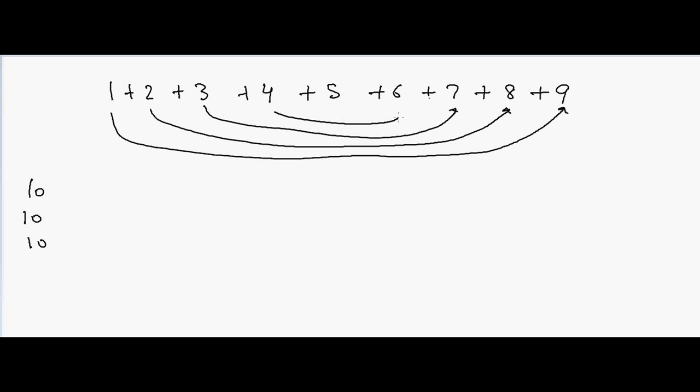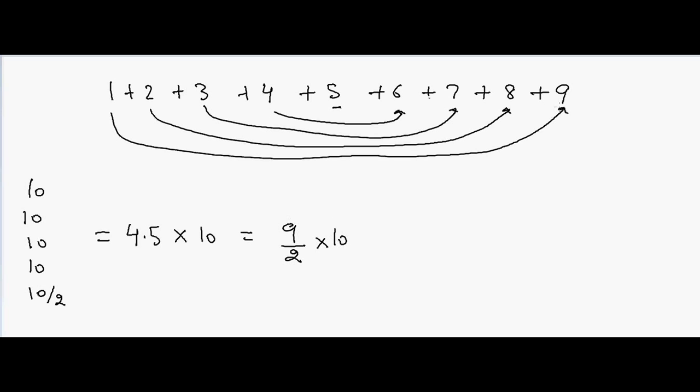Then 4 and 6, one more 10, and then we are left with a 5, which is half of a 10, so 10 divided by 2. So in total we have 4.5 times 10, so we have 4 tens and half of a 10, that's 4.5 times 10.